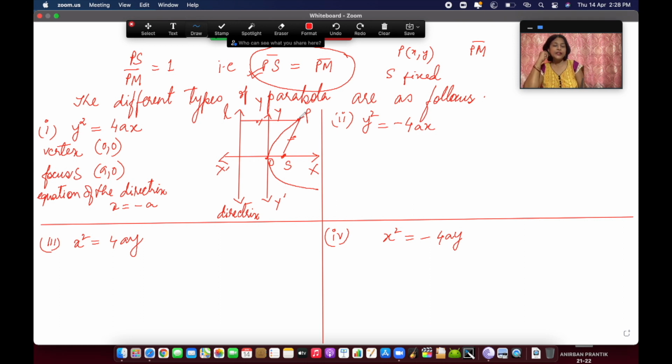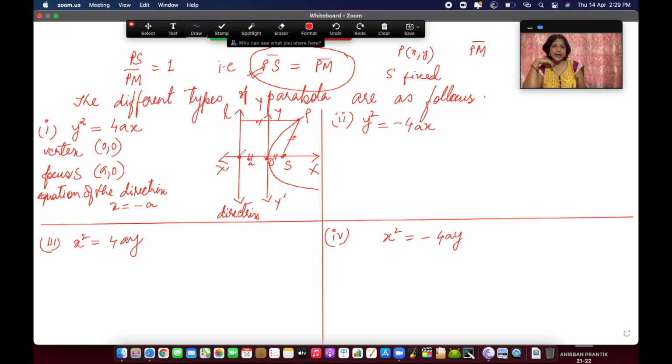Here when P is moving, at an instant it will come to this point O. So distance of this point O from S will be equal to the distance of this point O from this fixed line, right? So this distance will become equal to this distance, and we know since the coordinates of S is given by (a, 0), so the distance OS is a, and hence the distance of O from this point will also be a.